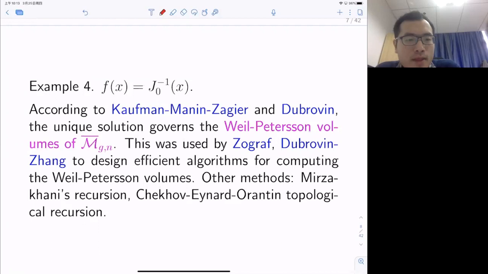There are also other methods, including Mirzakhani's recursion, methods derived from dynamical systems, and Chekhov-Eynard-Orantin topological recursion. From the integrable system, which means using the KdV hierarchy, the algorithm given by Zograf and Dubrovin-Zhang is very efficient for large n, a large number of marked points.